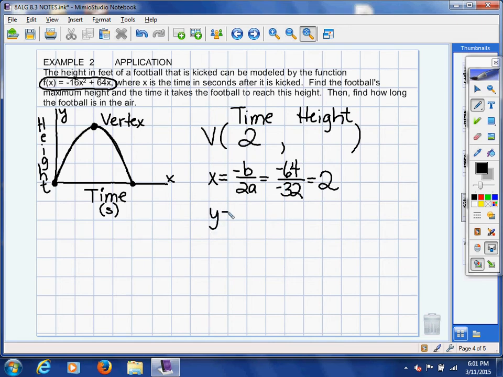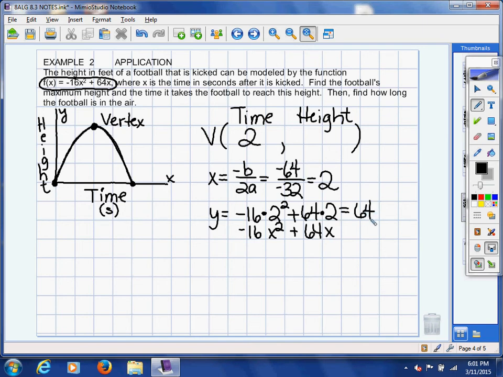Well, to find that maximum height, we're going to take that 2 and plug it into the original formula. So we're going to do negative 16 times 2 squared plus 64 times 2. I'm just plugging into that original equation that was up in our word problem earlier. I'm just replacing the x with the 2, because now I know that it's 2. And what did you calculate?